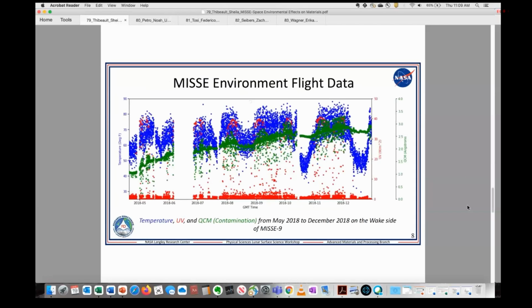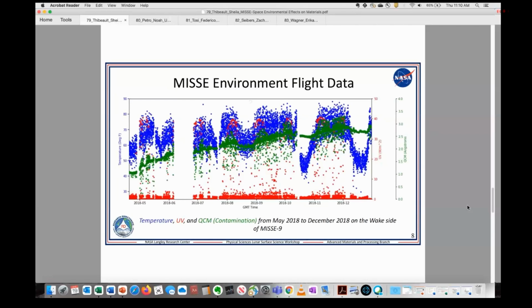Next slide, please. In addition to the cameras, the platform now has temperature sensors, UV sensors, and QCMs. The QCMs are quartz crystal microbalances used for contamination measurement.